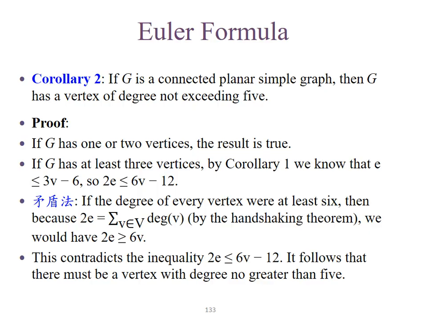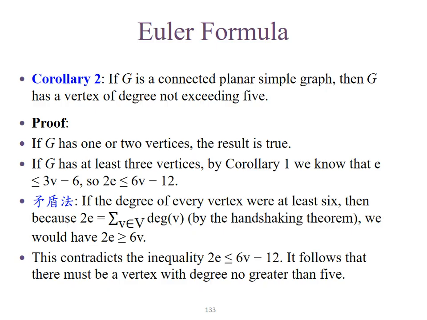So if every vertex has degree at least 6, then we can calculate that 2E equals the summation of the degrees of the vertices. We know the number of vertices is V, and each vertex has degree at least 6. So the summation will be at least 6V. Then 2E is larger than or equal to 6V. But from corollary 1, we have 2E less than or equal to 6V minus 12.